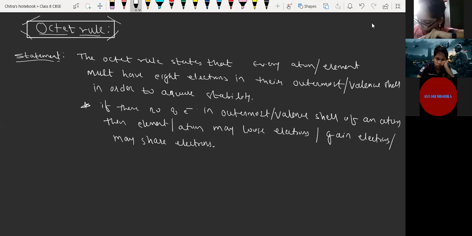And on the basis of whether they are going to lose, gain or share electrons, we can calculate the valency of an atom.